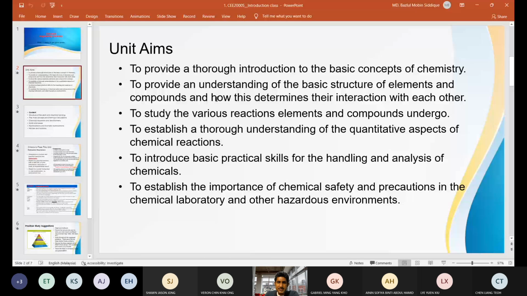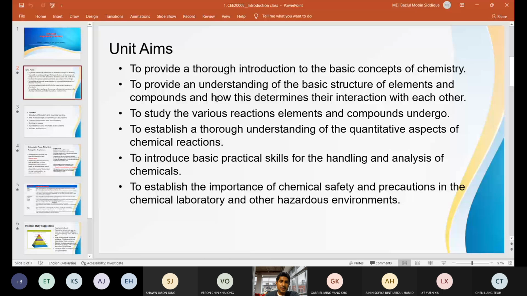Structure of elements and compounds and their interaction with each other. We know the structure of atoms to some extent, but we will learn it in more detail, of course, and how elements are structured or formed in a compound, and based on their structure or physical appearance, how their physical and chemical properties differ.